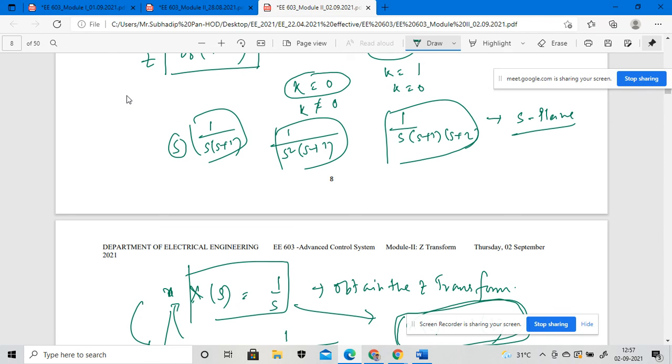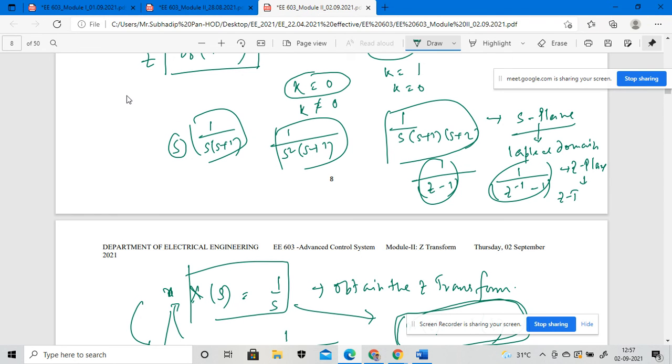Then we have to do the Laplace transform. But if the term is 1 by z minus 1, or 1 by z inverse minus 1 like this, then it should be considered in the z plane, right? Then we have to apply the z transform.